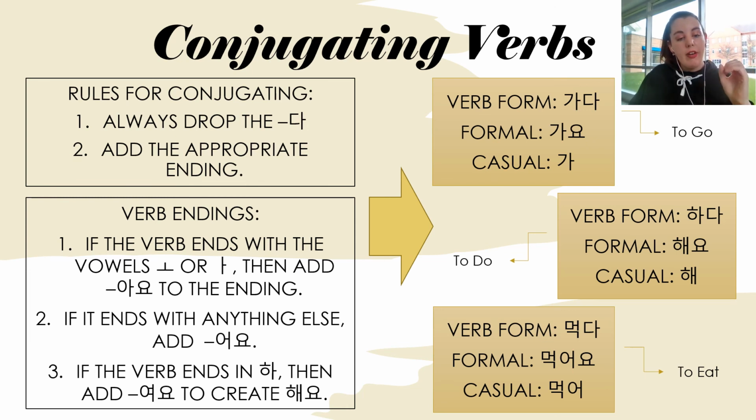So we're looking at the final vowel is o, which means that we're going to add oyo, right? So the formal form, meaning just I eat, you eat, we eat, is 먹어요. And then you just drop the yo if you want to make it casual, then you say 먹어.